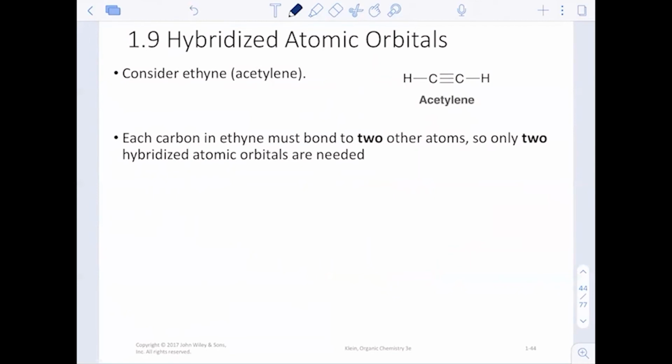So now ethyne, let's just amp it up one more time, or acetylene is what we call it. Each carbon in ethyne must bond to two other atoms, so only two hybrid orbitals are needed.